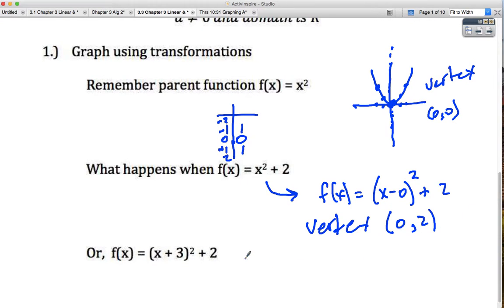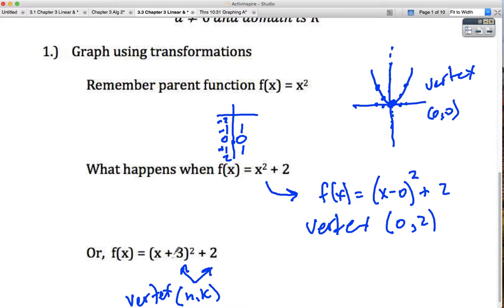What if we had the quadratic look something like this? You should all now recall that I have a horizontal and a vertical. This is my h and k for the vertex. It should be all review now.